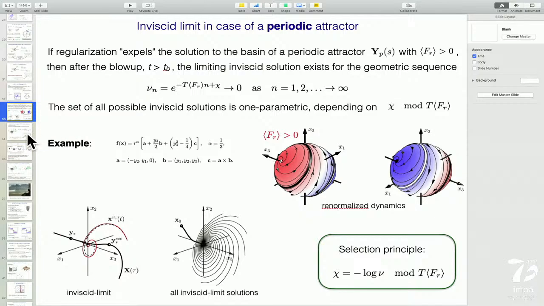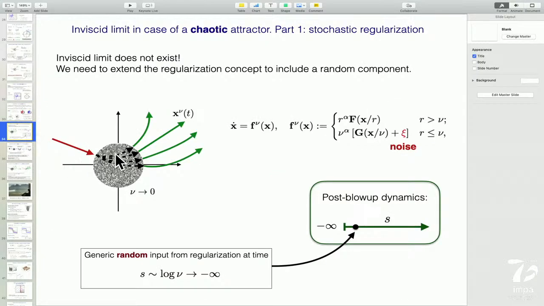And then finally, this is the situation when the attractor is chaotic. In that case, we need to make the regularization random. It means that this regularized field is maybe something deterministic plus some noise. So whenever you pass through a regularization region, you exit in different places depending on some random component.